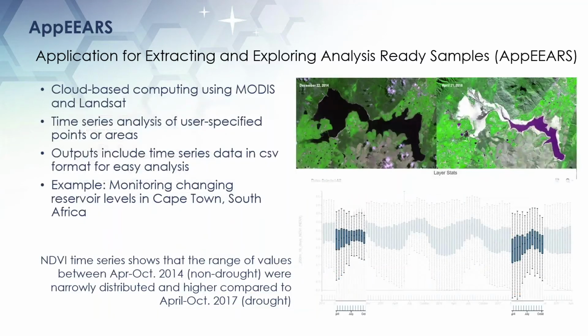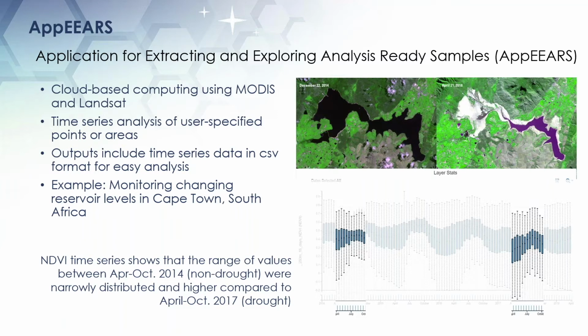Within AppEEARS, you can submit sample requests to obtain values of remotely sensed products at specific points or for larger areas using polygons. You can also create interactive visualizations with summary statistics and the sample results provided within the application to allow you to preview and interact with the data before downloading.